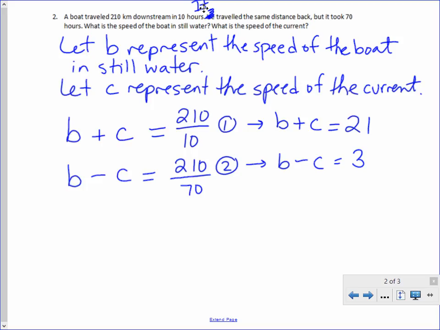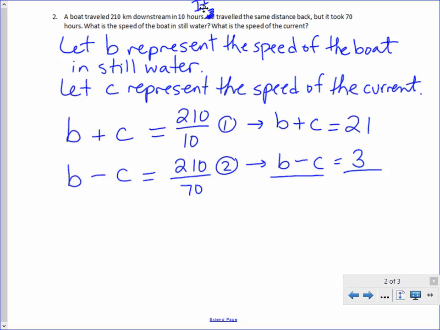So now, let us figure out the answers. Because my answers weren't fractions, am I ready to go for elimination? Shall we eliminate C again?